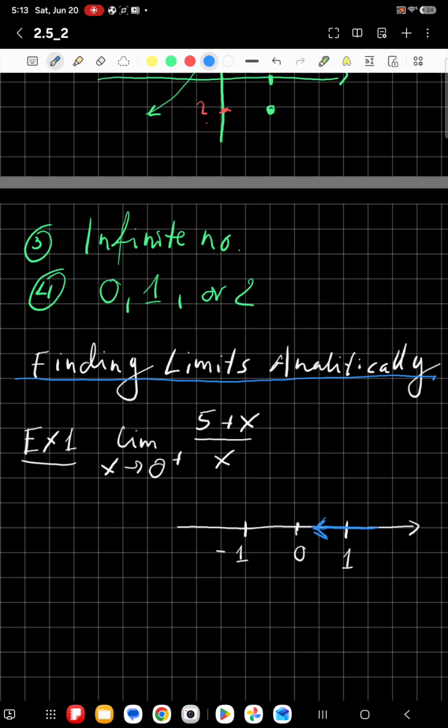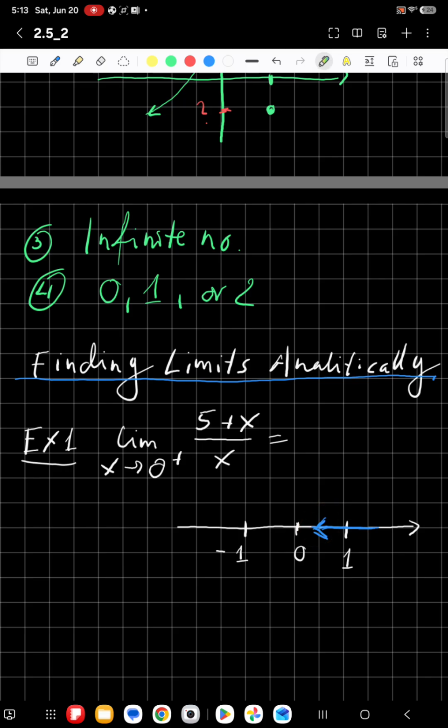The mistake that students sometimes make is to take numbers and plug them in. The question is, is this going to be positive infinity or negative infinity? The way to solve it is to plug in a couple of numbers from that region, numbers that are close to 0.